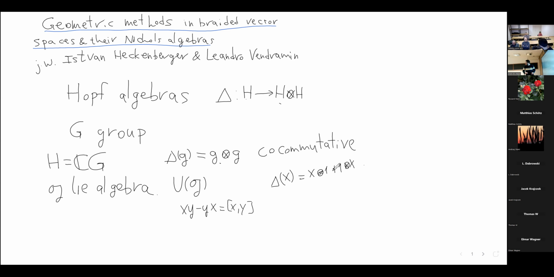It's obviously invariant. Another way to think about this is that if you have two representations in both cases, and you take the map V tensor W to W tensor V, just the usual flip map, then this is an isomorphism of representations.